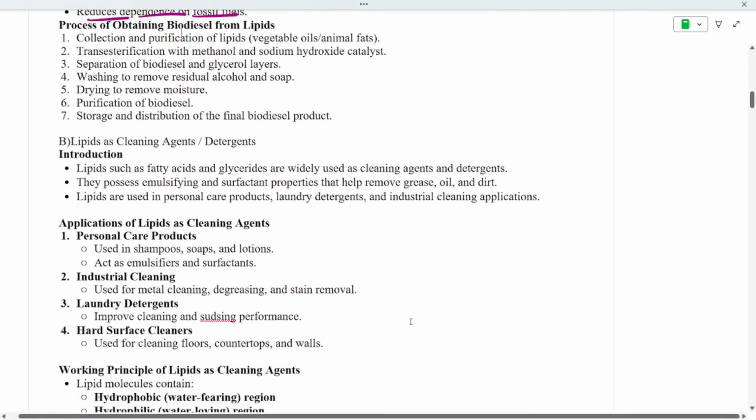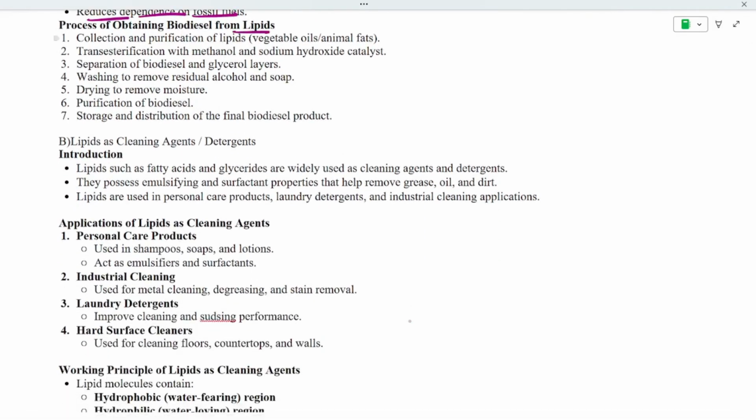Next is the process of obtaining biodiesel from lipids. First you collect and purify the lipids, that is vegetable oil or animal fat. Then you carry out transesterification with methanol and a sodium hydroxide catalyst. Next you separate the biodiesel and glycerol layers, and wash to remove the residual alcohol and soap.